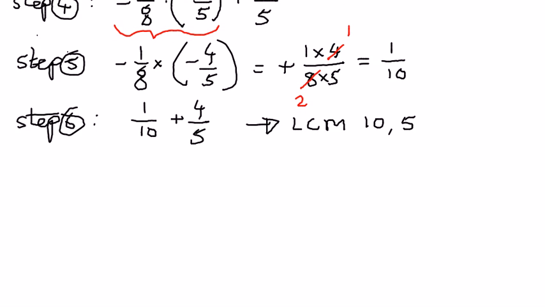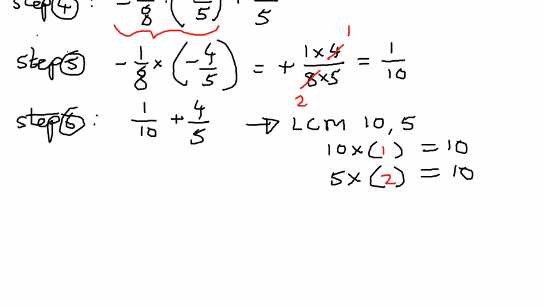We know that 10 is a multiple of 5. So therefore we can write this as 10 times what number is equal to 10, and 5 times what number is equal to 10. We know that 10 times 1 is equal to 10 and 5 times 2 is equal to 10. So therefore we have a common denominator.